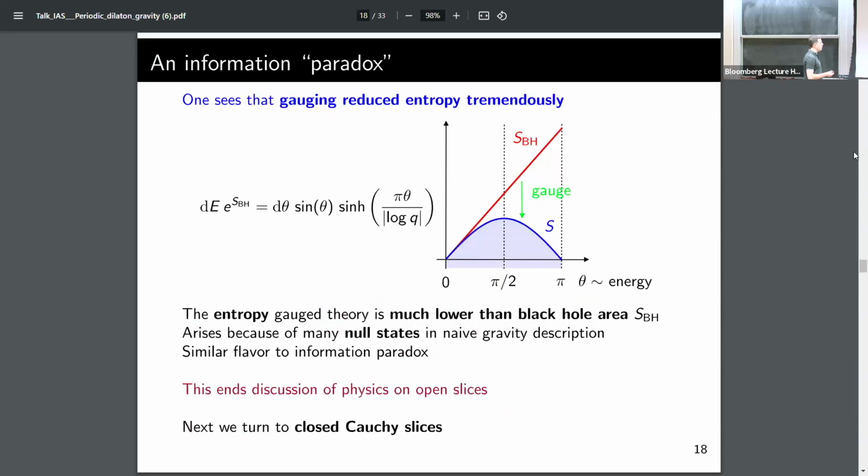Upon gauging the momentum, it falls down to this quadratic curve. So in other words, the entropy of the gauge theory is much lower than the black hole area. And this arises because of the many null states. As such, I think it's a similar flavor to the information paradox.